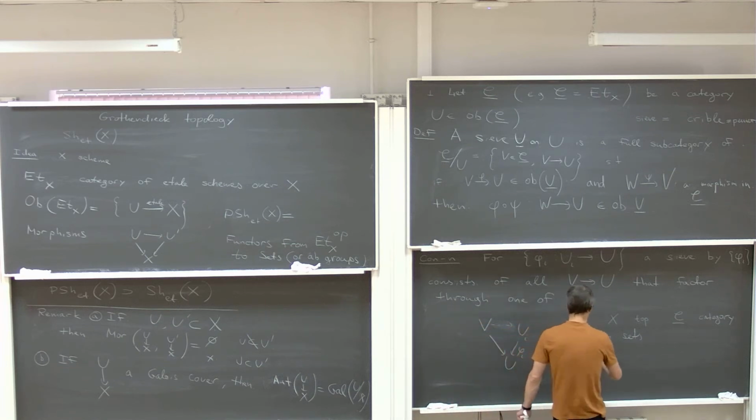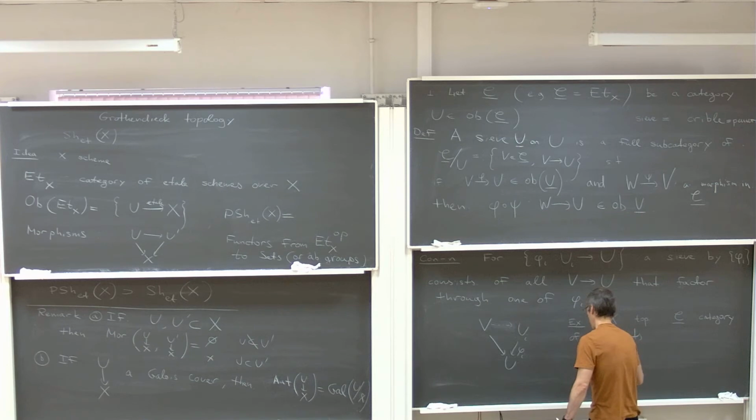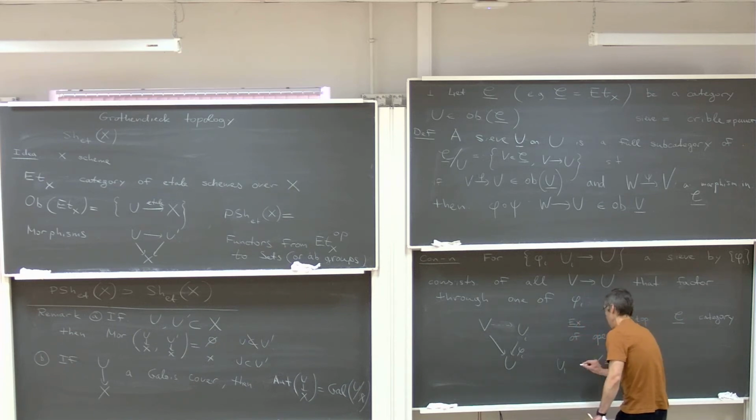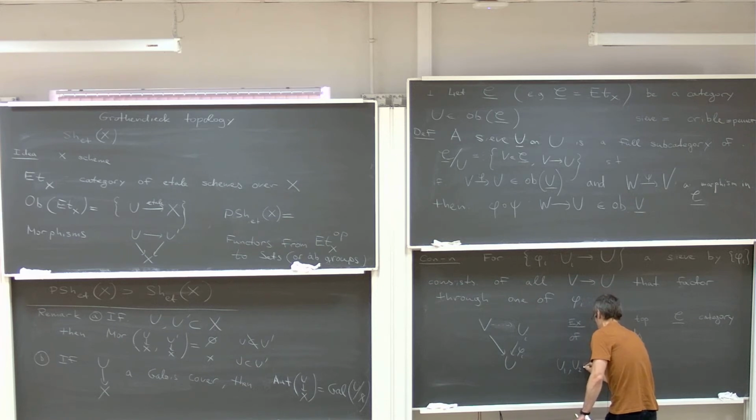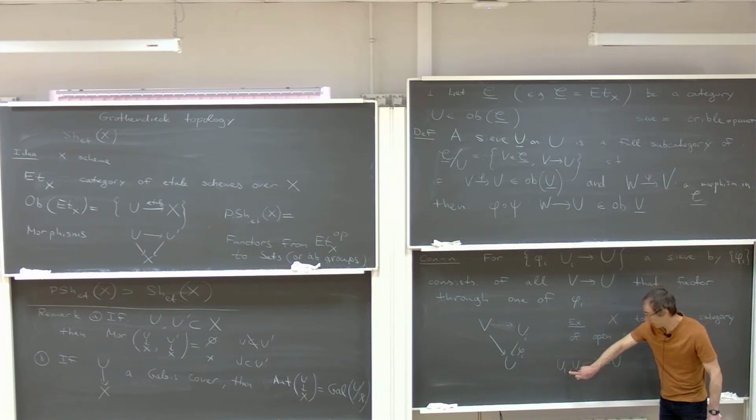Suppose I have X, and I have two open subsets, U1 and U2. So these are just open subsets. What is a sieve generated by U1 and U2?